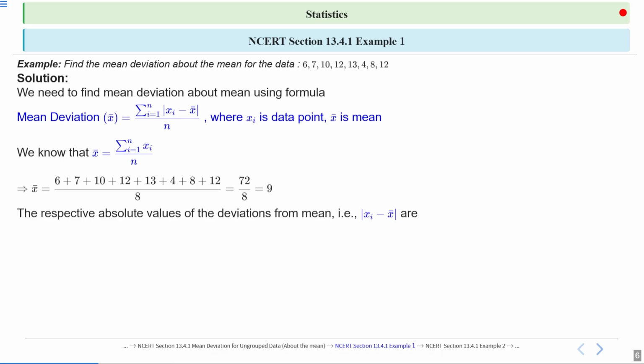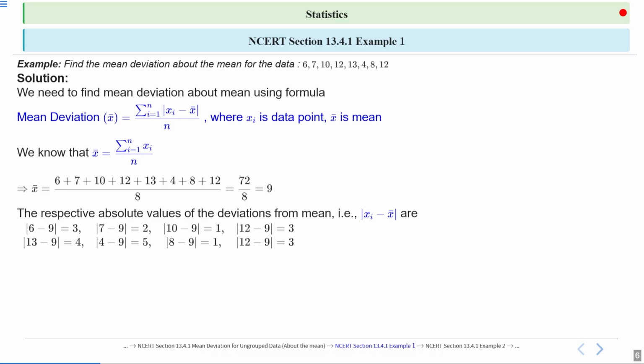Now let's find the absolute value of the differences between each data point and the mean. The respective absolute values of the deviations from the mean, that is mod of xi minus x bar, are: modulus of 6 minus 9 is 3, modulus of 7 minus 9 is 2, and so on.